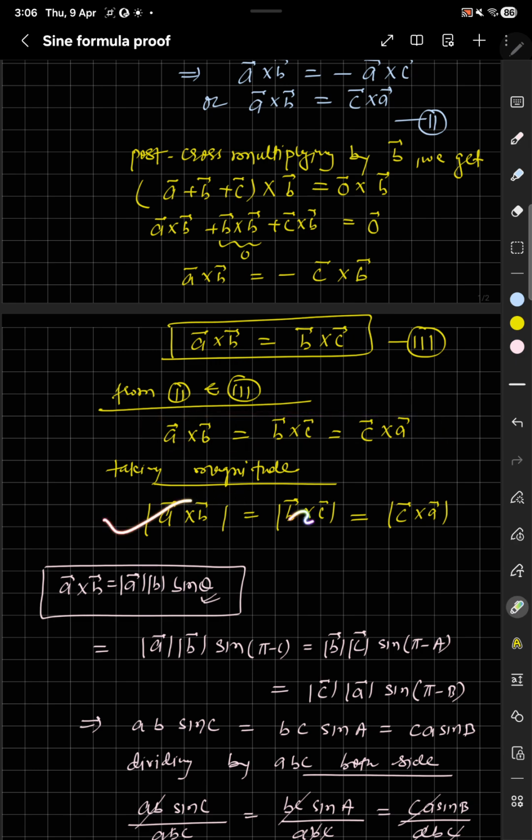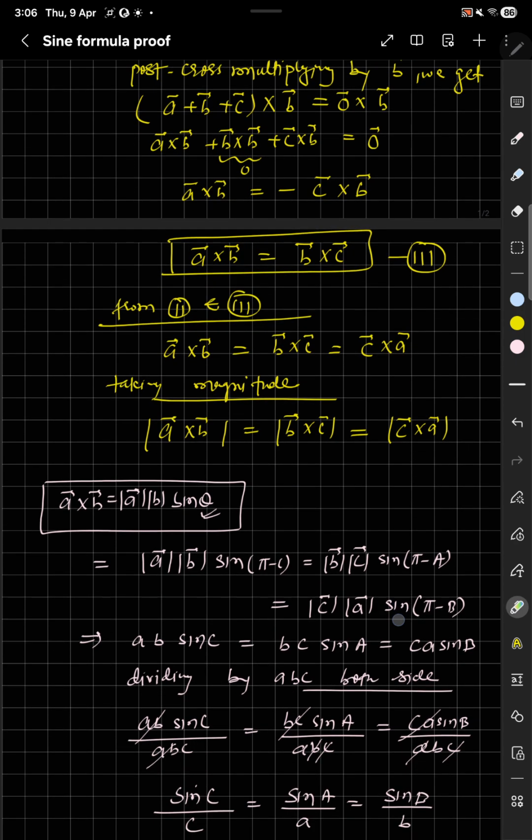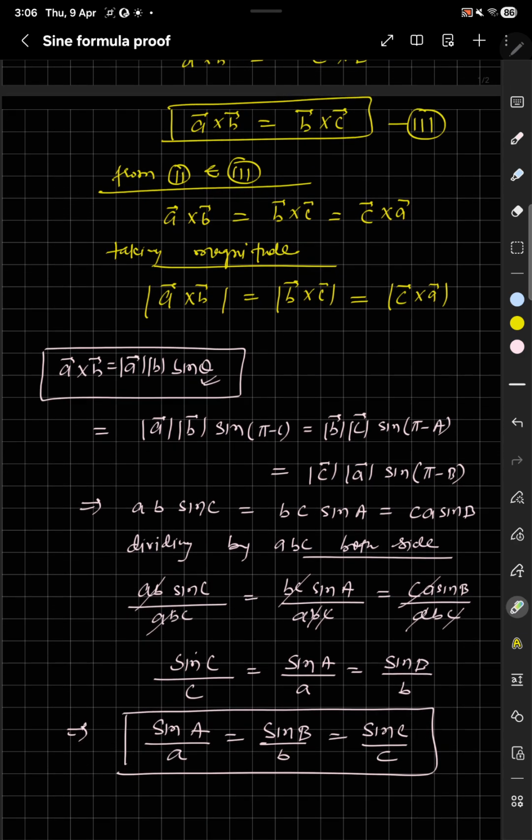So after taking the magnitude of it in all the sides, right, what we get is A B sine pi minus C, B C sine pi minus A, and C A sine pi minus B. Okay, so here we have magnitude of A is A, magnitude of B is B, and sine pi minus C will be sine C.